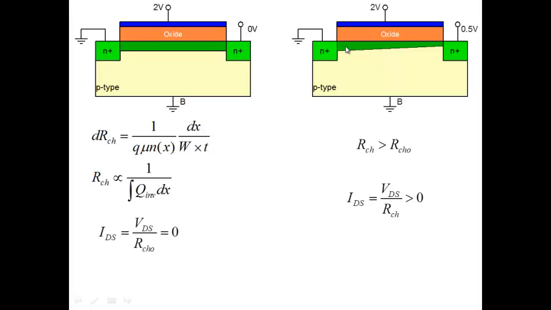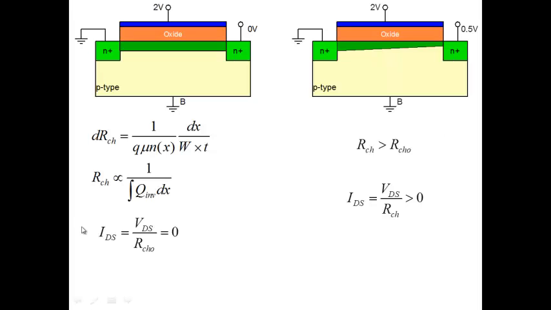So my resistance has gone up because the amount of electrons in my channel has decreased. But I have a current which starts flowing now because I have a drain to source voltage, so VDS by R channel will obviously be greater than 0 because I have a positive VDS here, so current begins to flow. Now you can see that two things are happening.